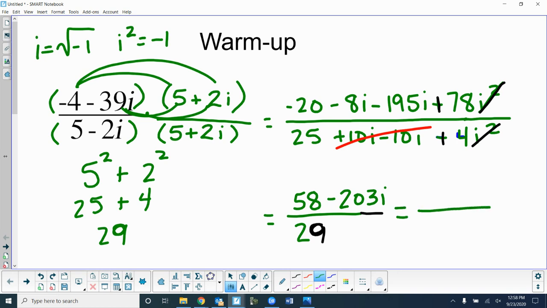So 29 goes into 58 twice. And 29 goes into -203 7 times. And then 29 and 29 is 1. You can put the 1, you don't have to. You can just leave it like that. Does that make sense? Any questions on that?